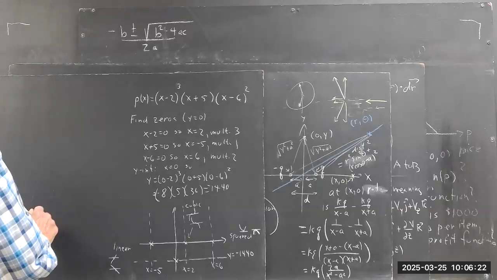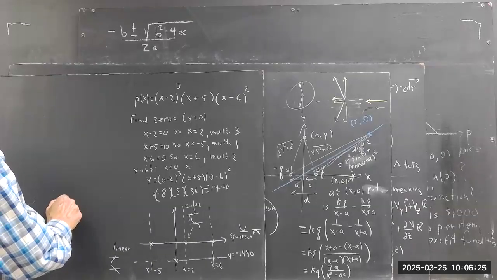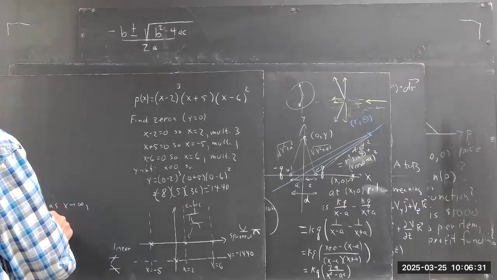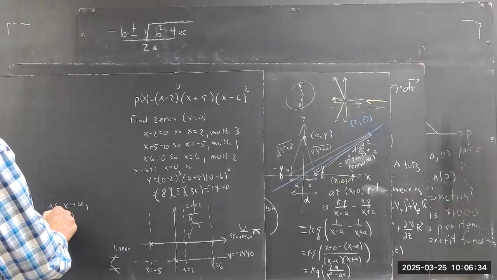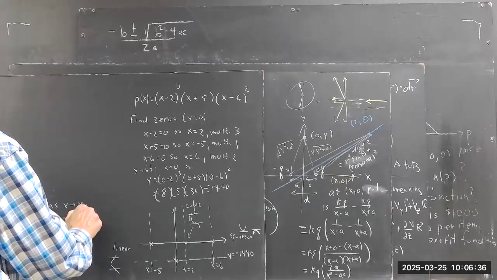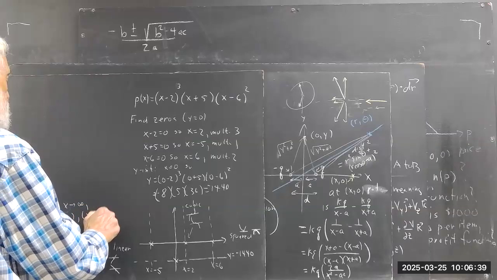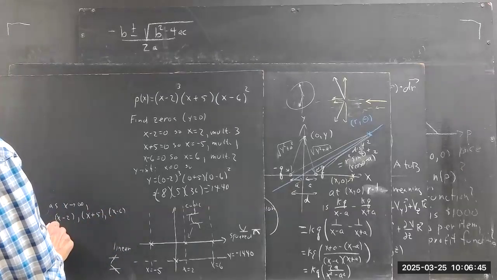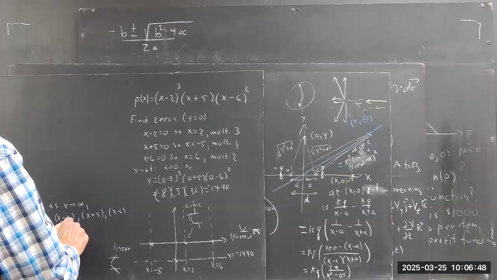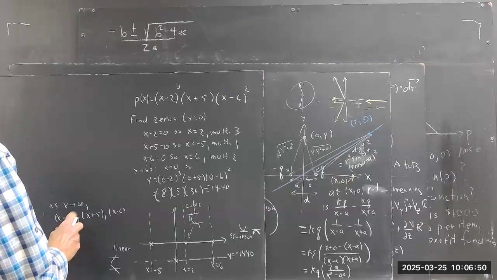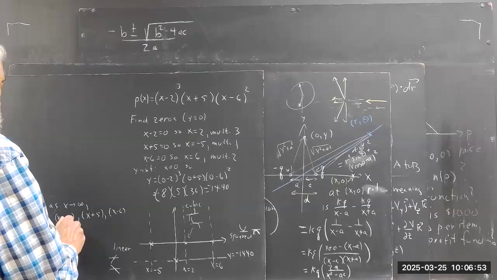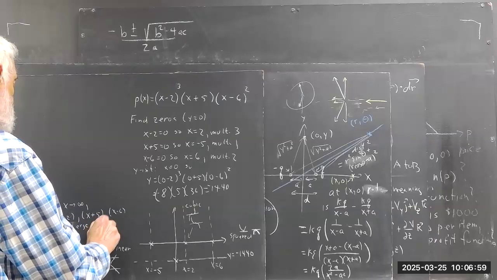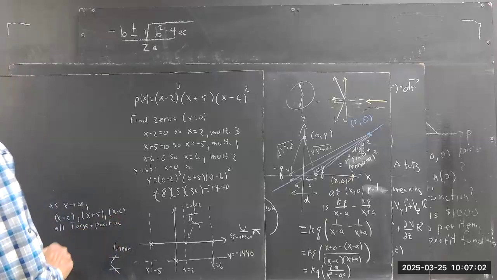As x goes to infinity, all three of these are all large and positive.